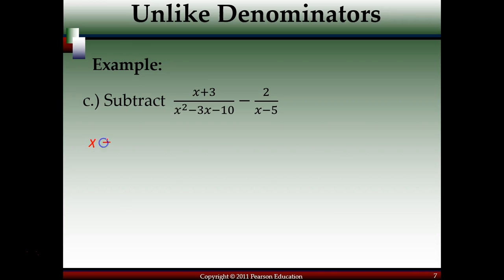I'm going to state the x plus 3 and the x squared minus 3x minus 10. That factors out to x minus 5 and x plus 2.